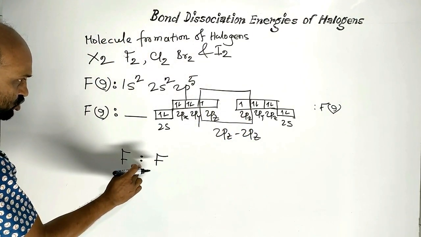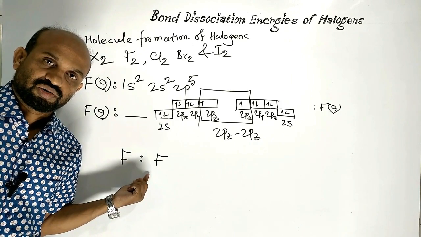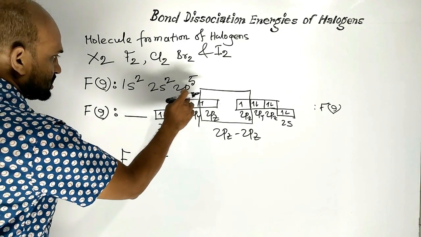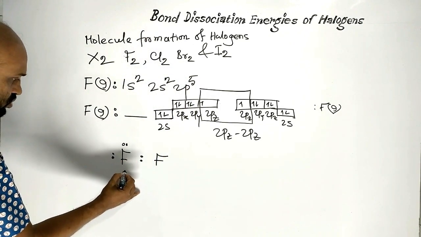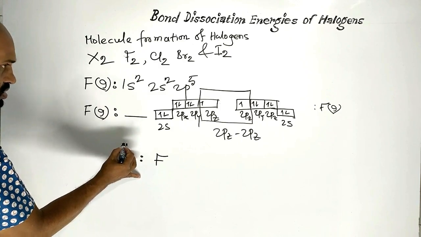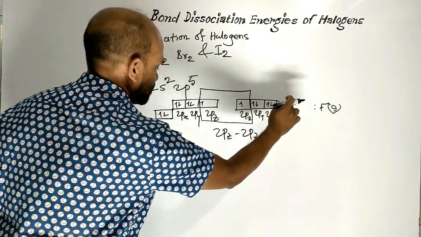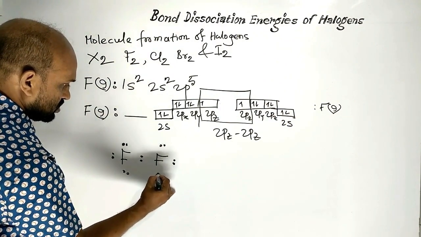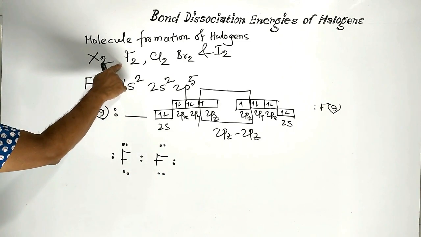So these 2 electrons are covalently bonded electrons. This fluorine atom contains 3 pairs of electrons. This fluorine atom contains 3 pairs of electrons. This is the molecule of fluorine.